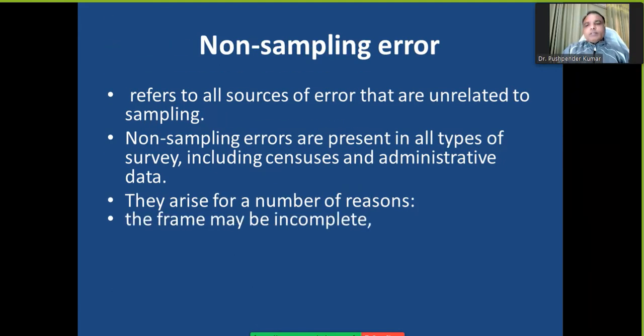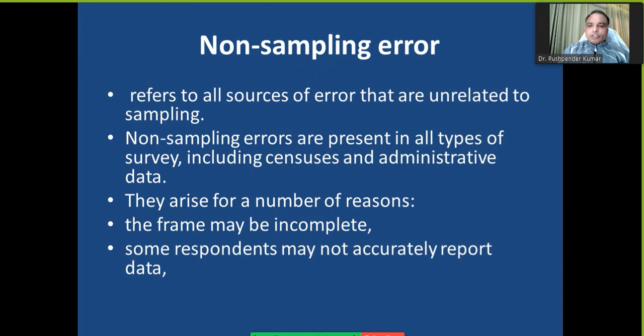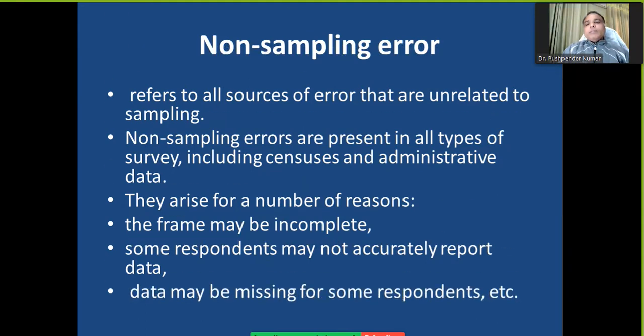First, the frame may be incomplete. The number of questions you have been asking may not be sufficient. Some respondents may not report data accurately, right? So these are not related to sampling. Data may be missing for some respondents, etc.